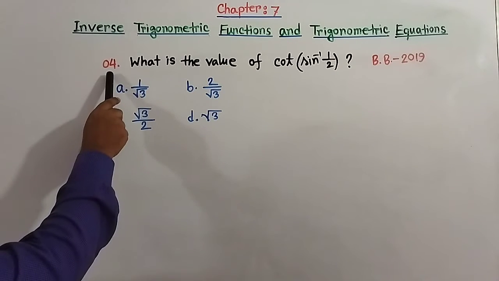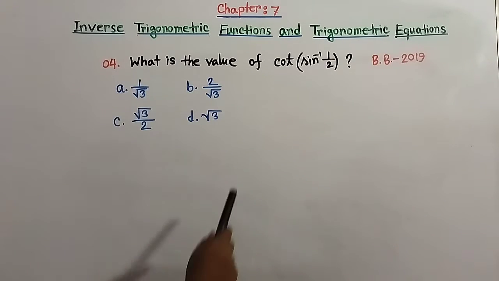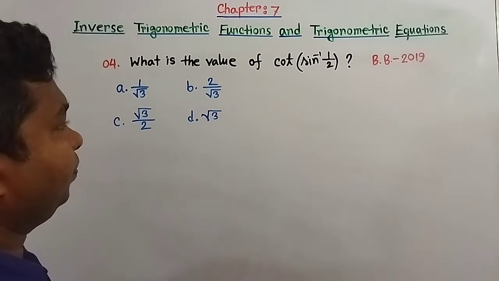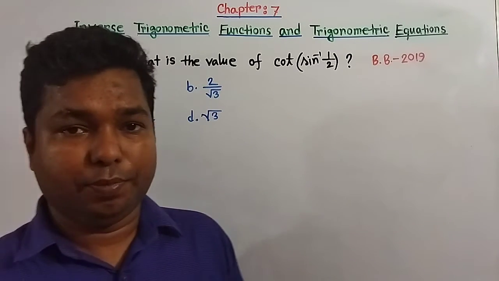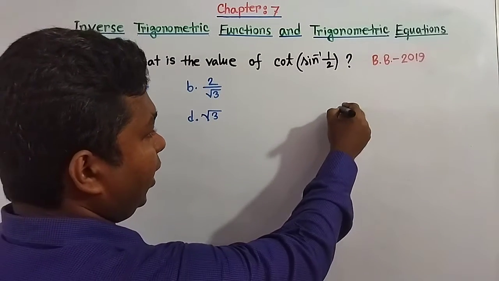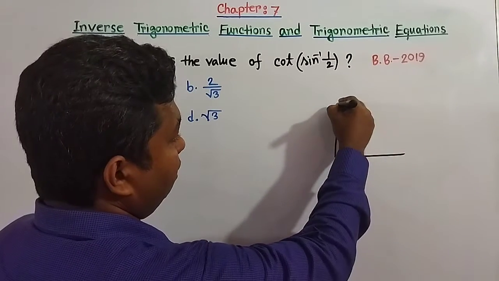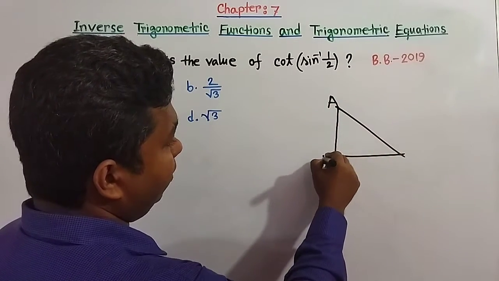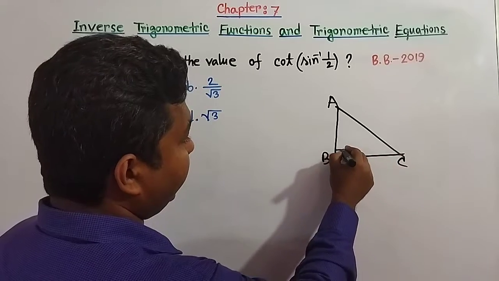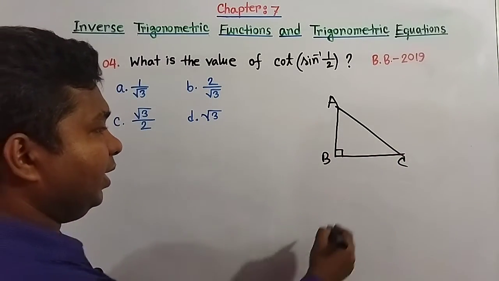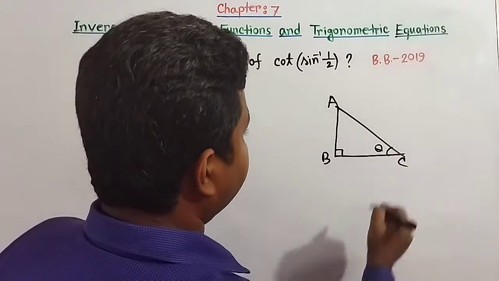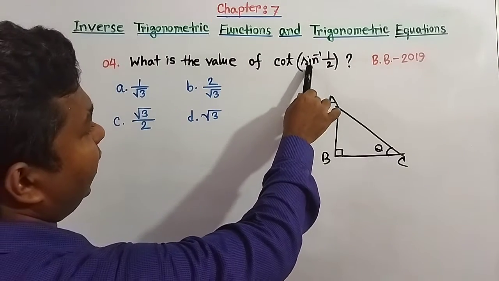Now question number 4, what is the value of cot sin inverse half? For solving this type of problem, we have to draw a right angle triangle. Let triangle ABC be a right angle triangle where angle C is an acute angle theta. Then here sine inverse half.